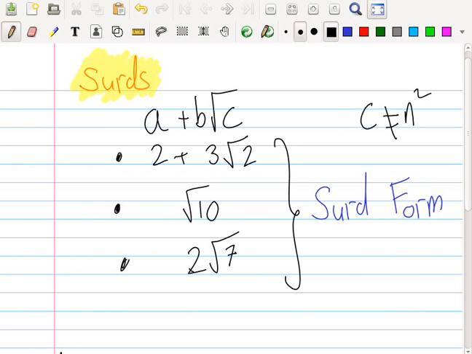Okay? So what we're going to look at is some algebra techniques for dealing with surds. But just before we do that, a little bit of revision of something that I know you probably did in elementary school because I remember doing it in elementary school. So cast your mind back, maybe when you were 12 years old.